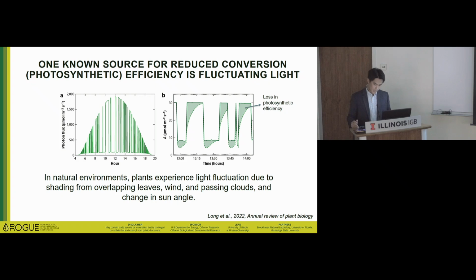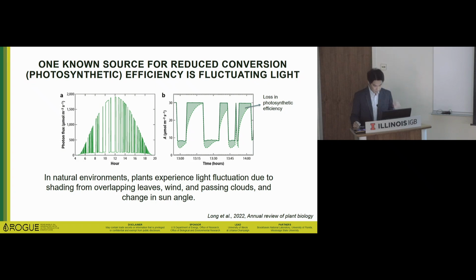Regarding photosynthetic efficiency, fluctuating light, or changing light intensity at the leaf level, is known as a factor that reduces photosynthetic efficiency. When you think about plants growing in the field, plants are inevitably exposed to fluctuating light caused by passing clouds, changes in sun angle, or the crossing of leaves.